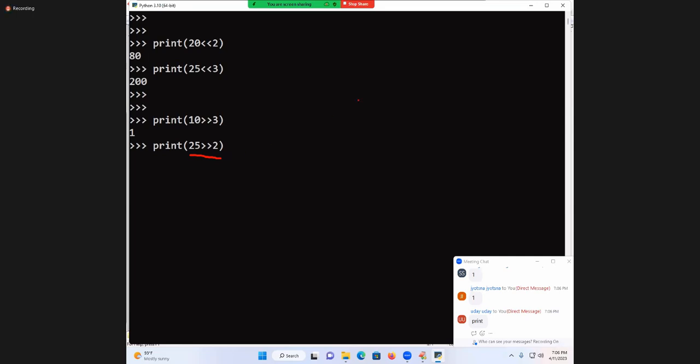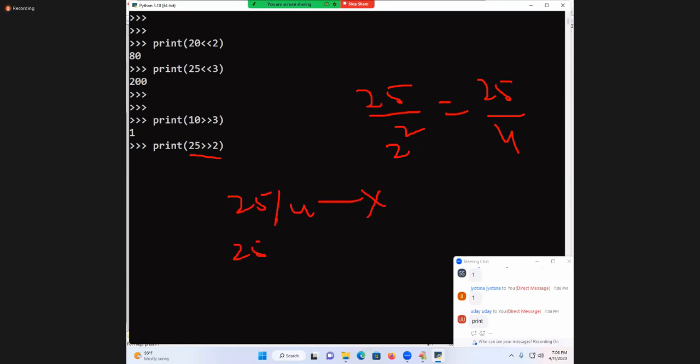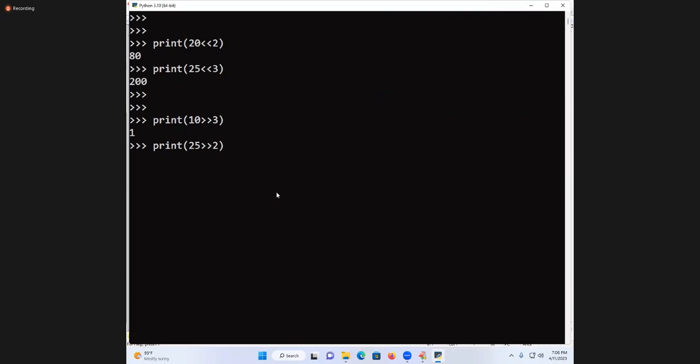Right shift formula is 25 by 2 square, 25 by 4. Single slash or double slash? 6 is the answer. 6.25 is not the answer. Take care.